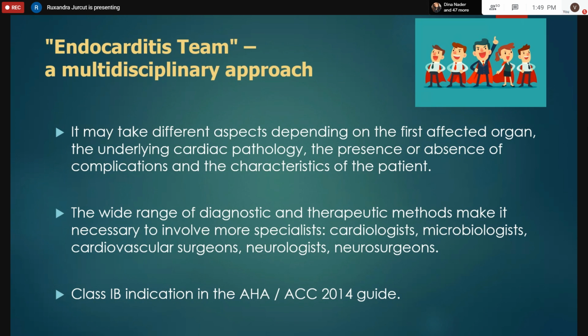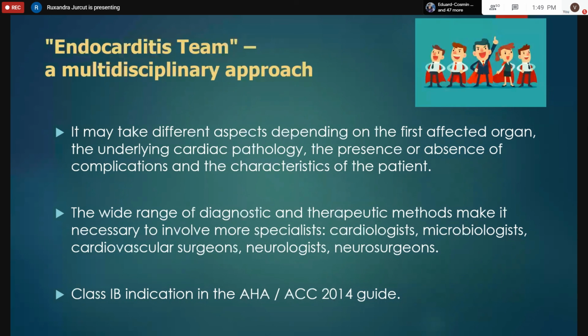And to end my lecture, I think you got to understand that it is not always easy to manage this disease. And it is a disease which, even by guidelines now, needs to be managed and addressed by a multidisciplinary team.